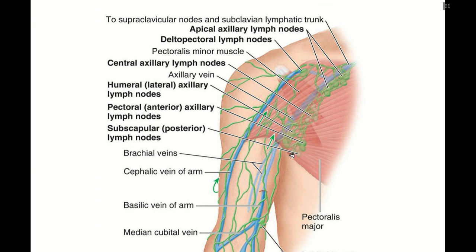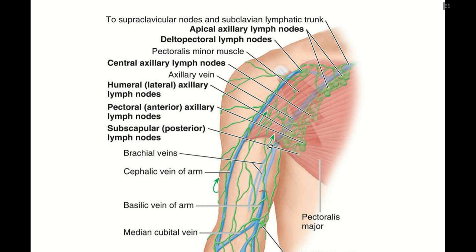Let me start with the anterior, or pectoral, group, which drains lymph from the lateral portion of your breast and also receives lymph from your anterior lateral abdominal wall above the umbilicus.